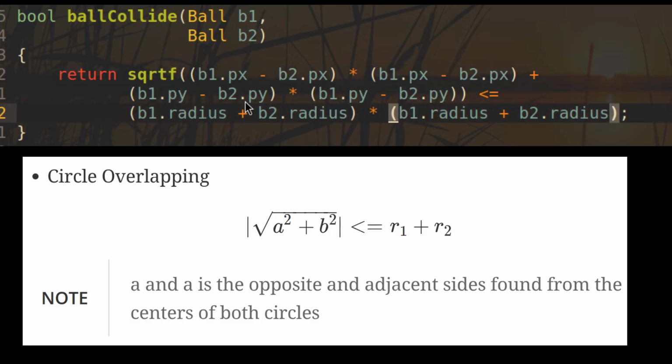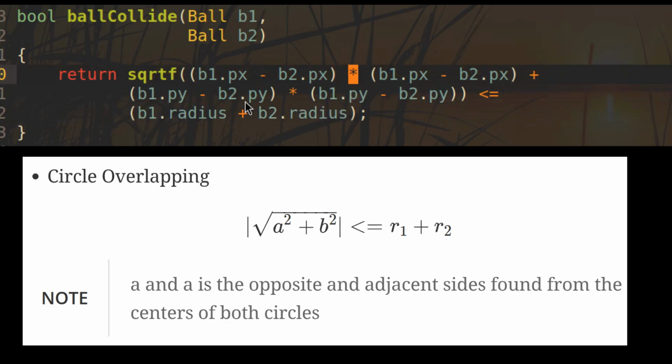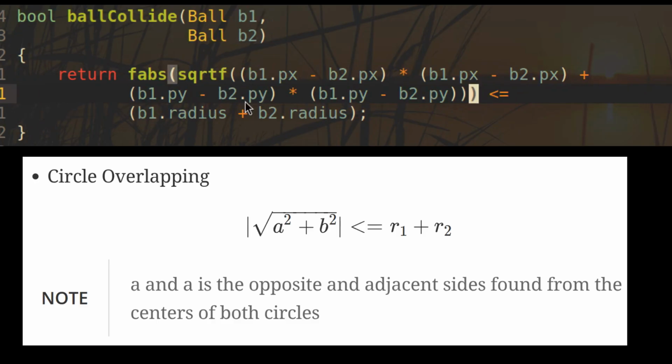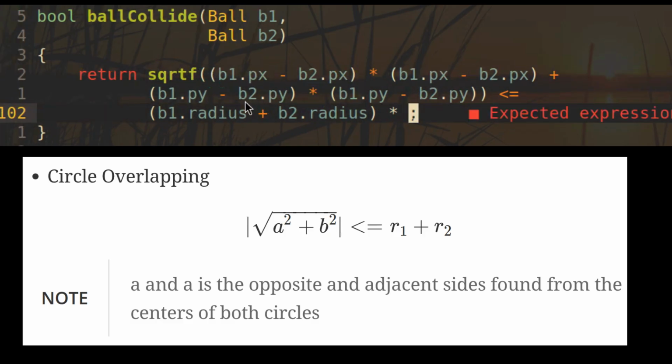But the problem with this is what I already said, it takes up too much processing power. And then I'd find the absolute value of this, or fabs. I don't know why it's fabs and not abs, but that's the formula we've seen.